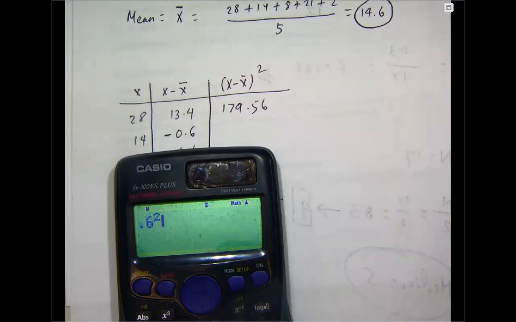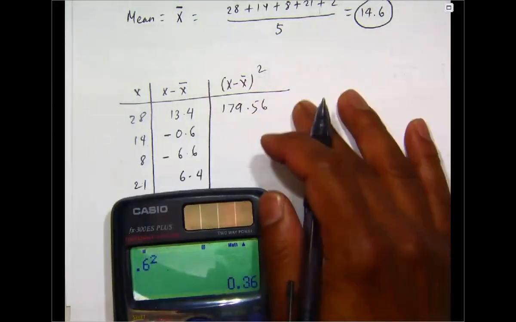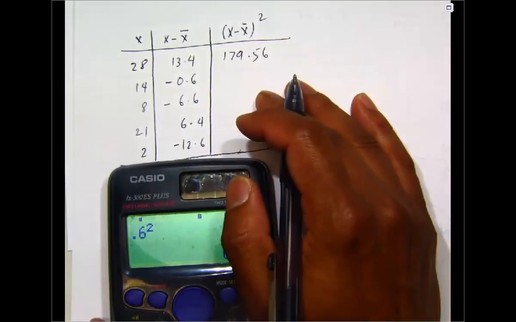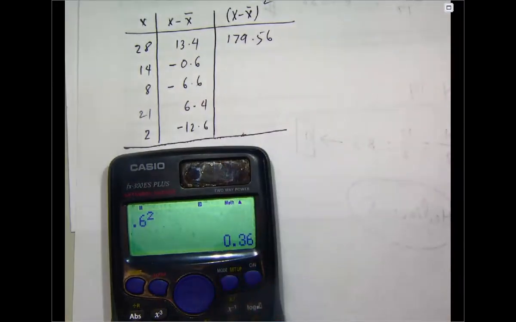Let's do the same thing. 0.6 squared is 0.36, and the square of a negative number is always positive, so you don't have to worry about that negative number.